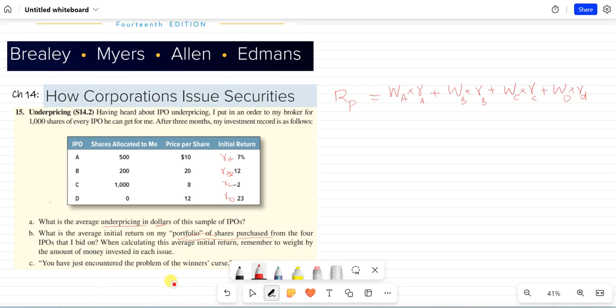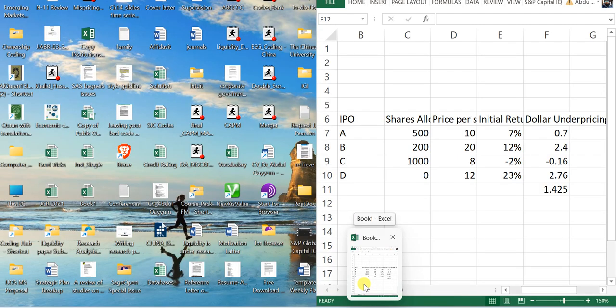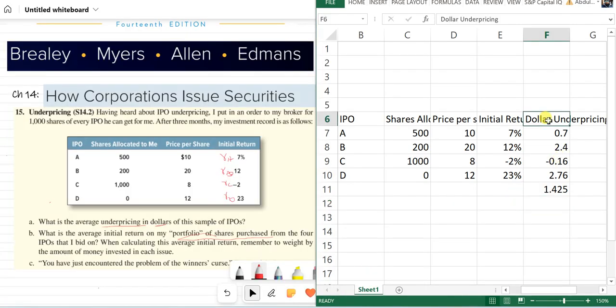Now we have to calculate the weights. To calculate the weights, we have to see how much we have invested in each IPO. These are our investments. In the first IPO we bought 500 shares, and for each share we paid 10.